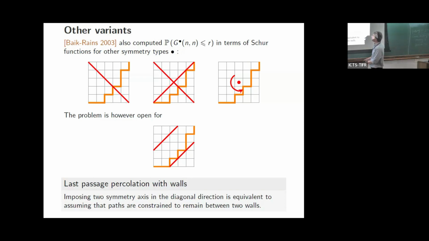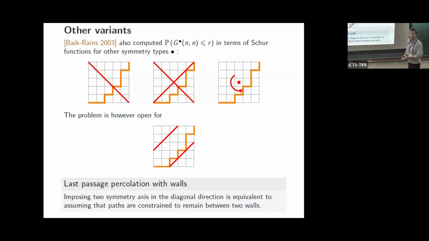Which two entries are symmetric, are equal? Here I assume that I have two symmetry axes, so that my entries on both sides of this one will be symmetric, and also on both sides of this one will be symmetric. And actually, as a result, it should be periodic. So if I had a narrow band, then it would be periodic.